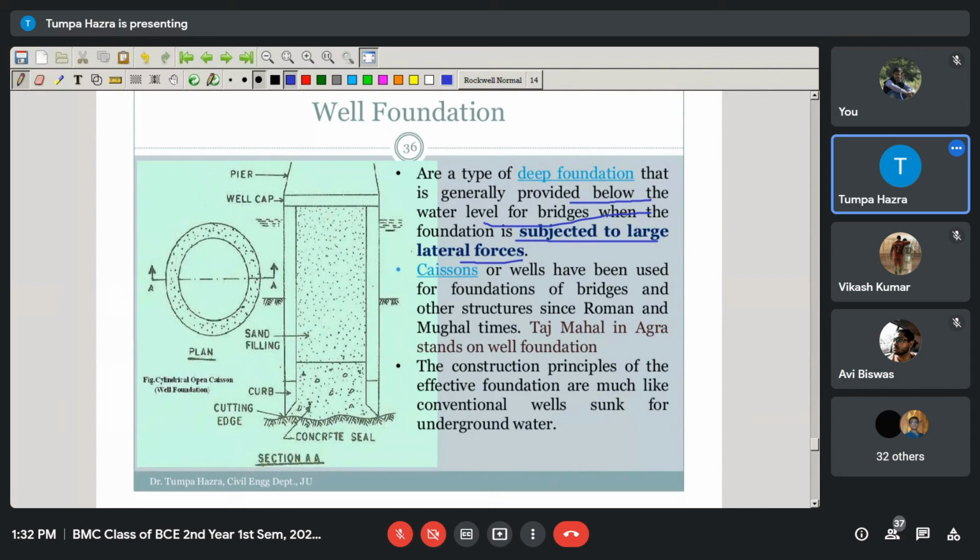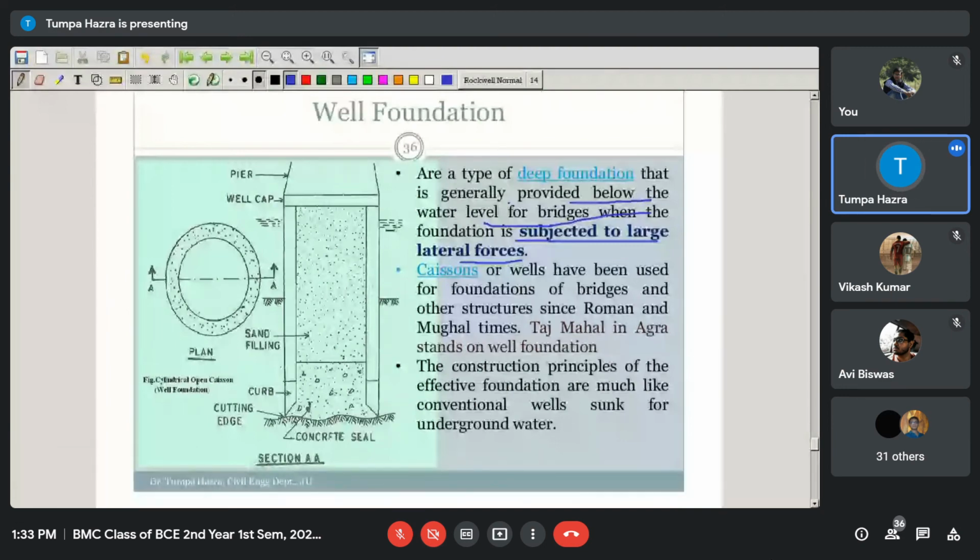But whenever you have to construct any structure in the water, then to support the lateral forces due to the water, you have to construct the foundation with a larger diameter. Or if the bearing capacity of the soil is very less, but the load is excessive, then you have to construct the foundation with a larger diameter.